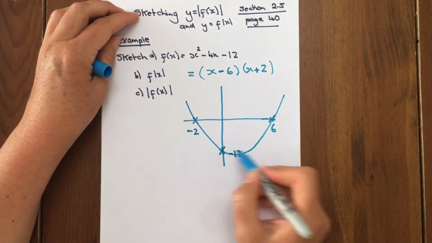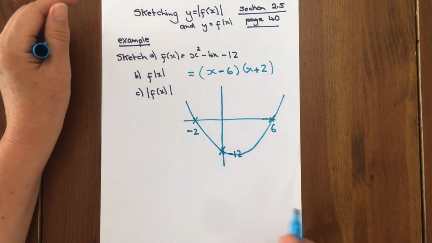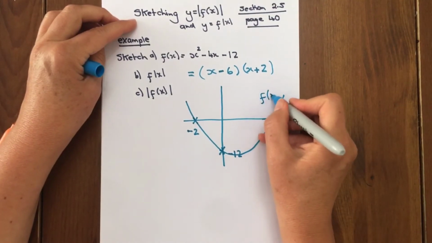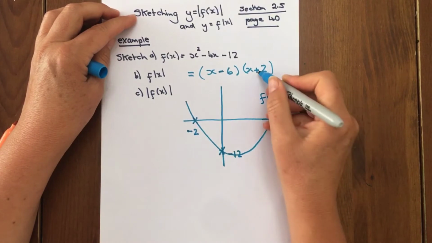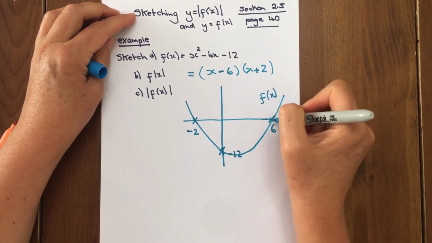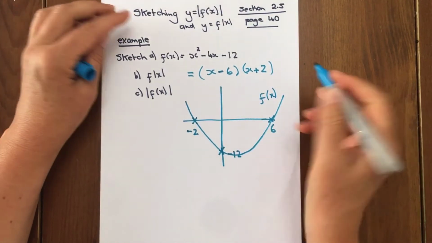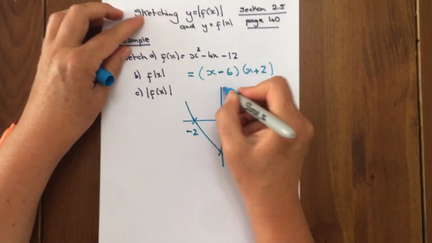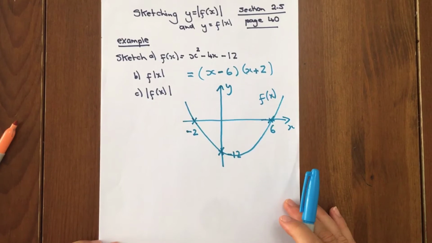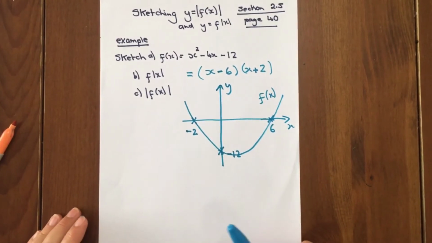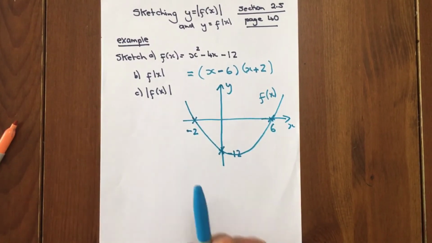So it's not here the minimum, it's here. So this is my function of x. You can see x is 6 and x is -2 is where it crosses the x-axis.